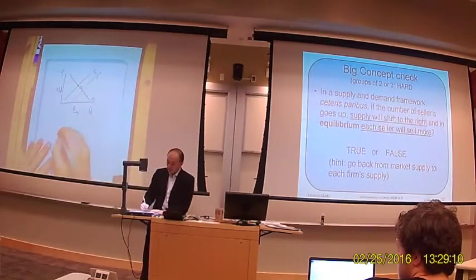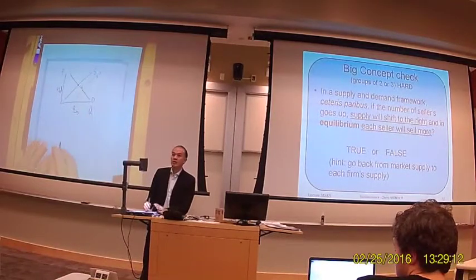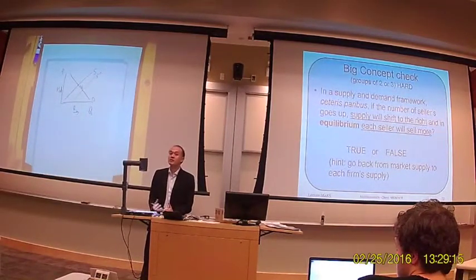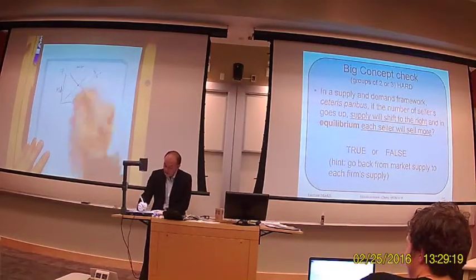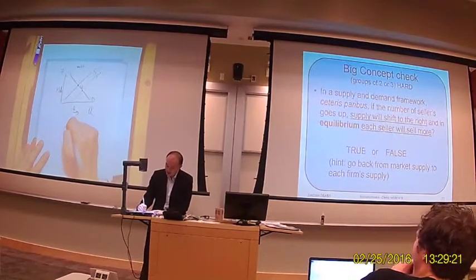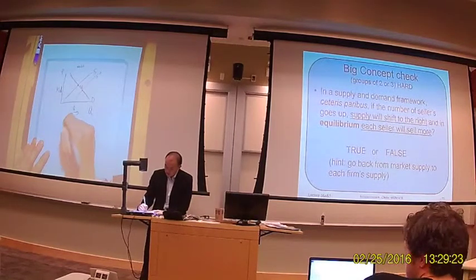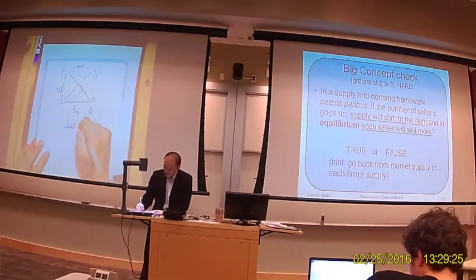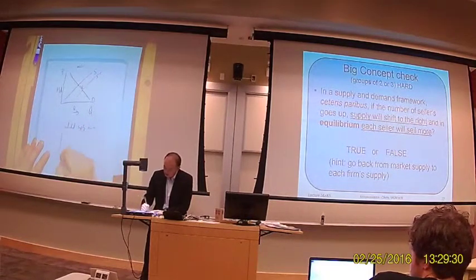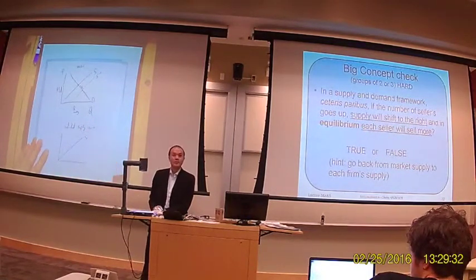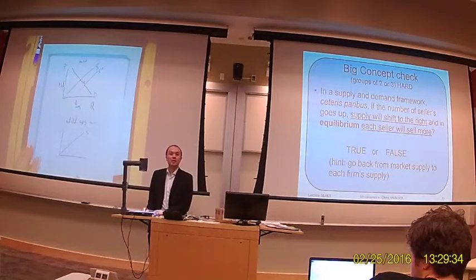Now, underlying the supply curve are individual firms that are thinking they want to supply the good. So this is the market, and if I mentally zoom in, the individual supply curve might look something like this. Does the individual supply curve change?